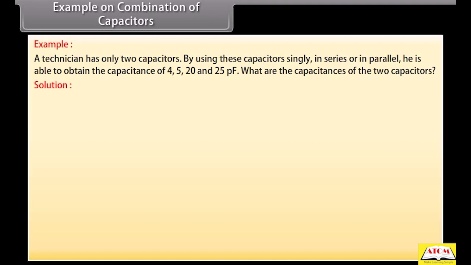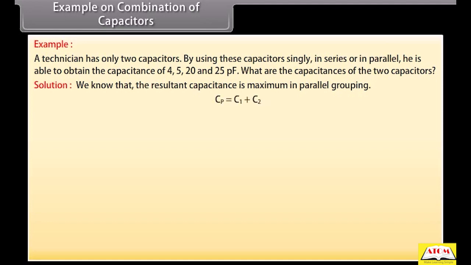Let's see the solution. We know that the resultant capacitance is maximum in parallel grouping. Cp is equal to C1 plus C2, or Cp is equal to 25 picofarad. Also, the resultant capacitance is minimum in series grouping.